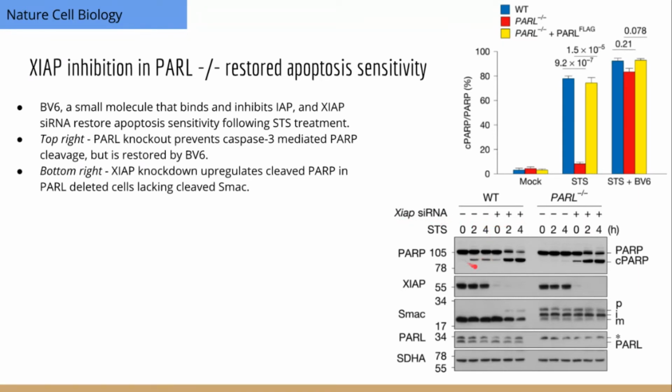When it's absent, we see very little cleaved PARP, over here. In the PARL knockouts, we see almost no cleaved PARP, right here. However, when you add siRNA towards XIAP, we see tons of cleaved PARP, suggesting that the activity of caspase-3 is being restored by the inhibition of XIAP.